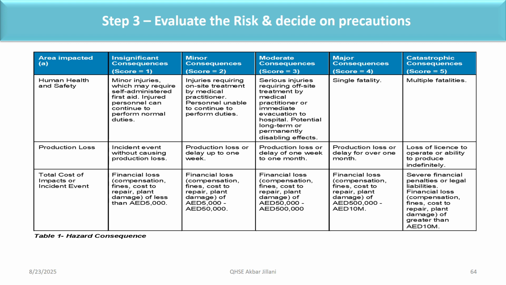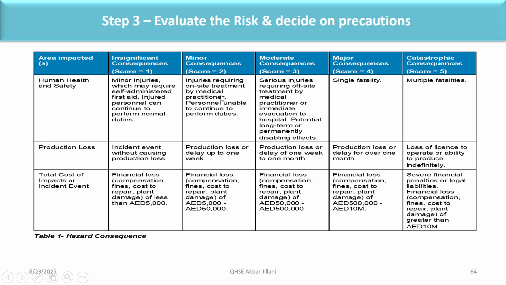Minor injuries: somebody in our organization gets injured, and we provide only first aid. Then the class score is 1, and the score 1 is if the loss is only 5,000 dirham.